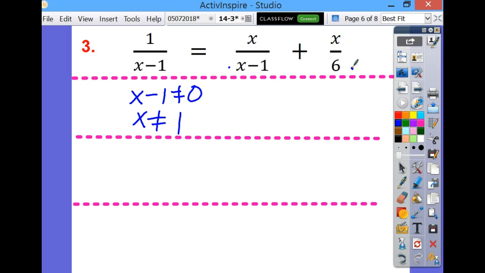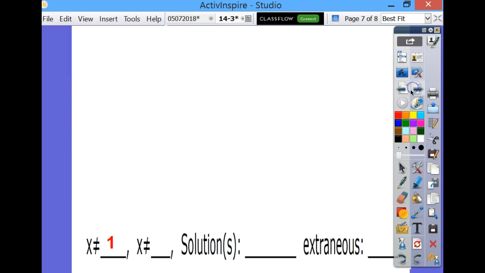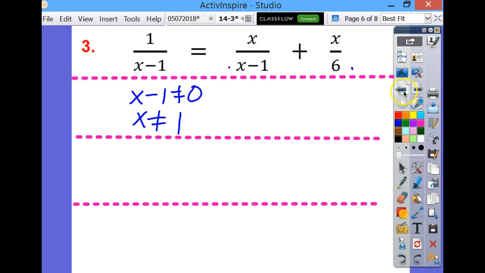And this denominator is 6. It can't be equal to 0 because it's 6. And 6 is not equal to 0. So over here, x cannot be equal to 1. And I don't need this other part because I only have one part that says not equal to.